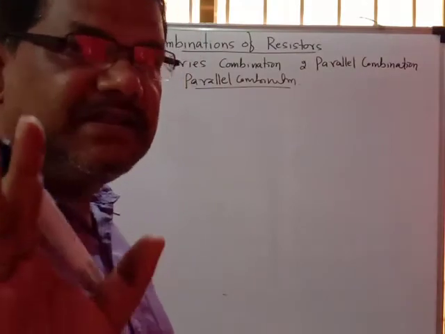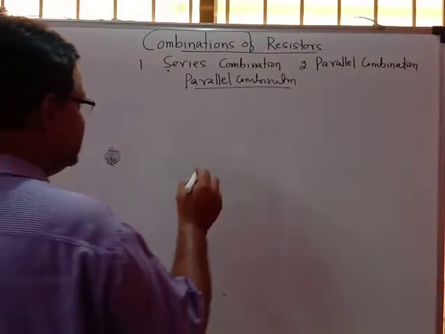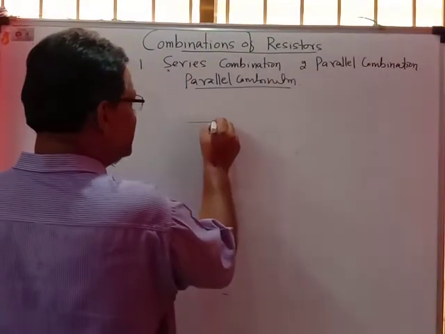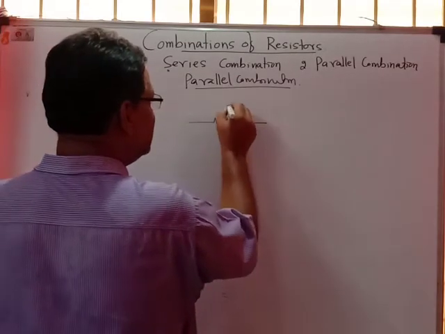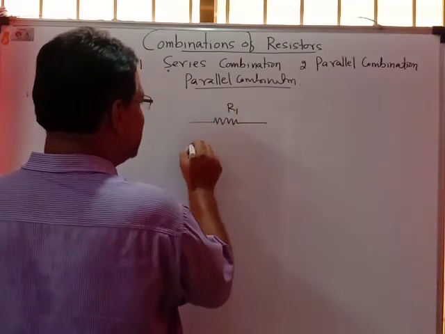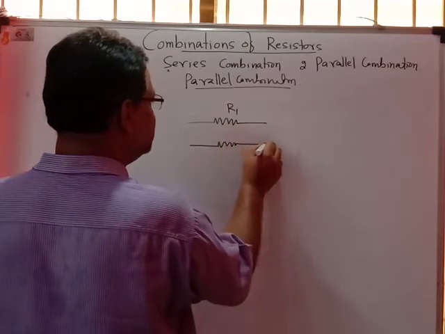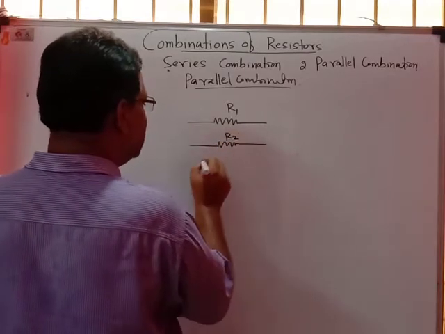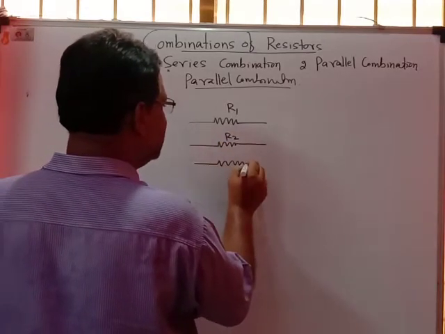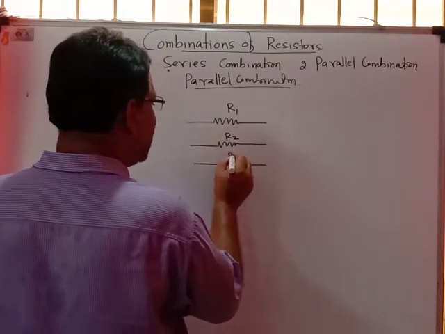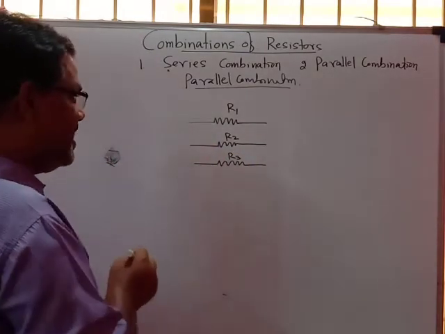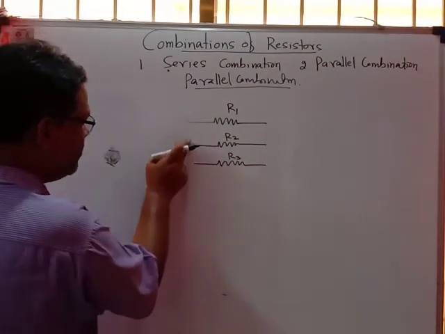Suppose you take three resistors: R1, R2, and R3. These three resistors are grouped in parallel. This is one end, one end, one end.